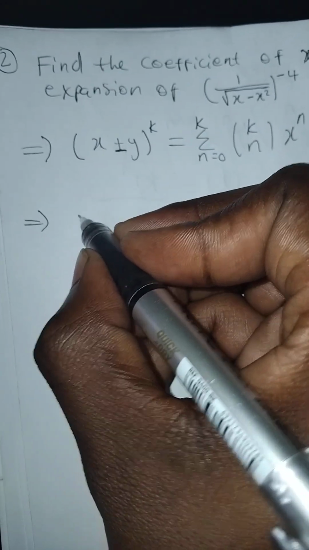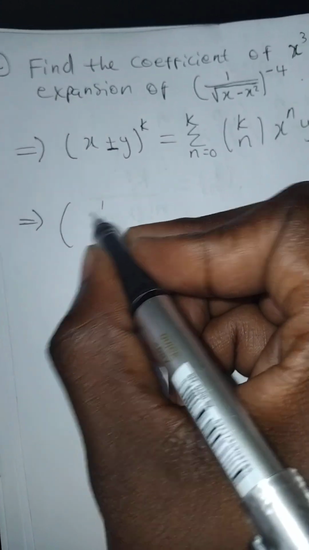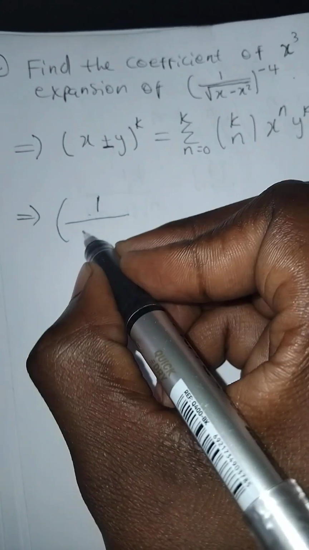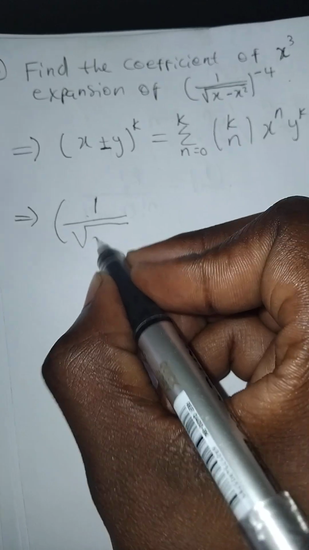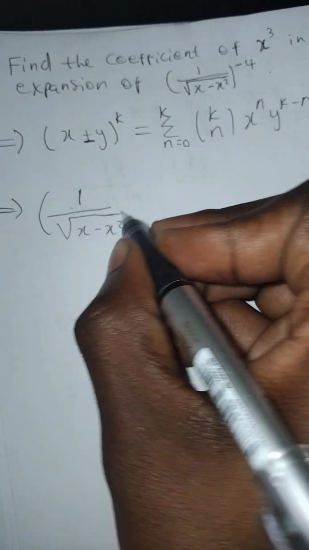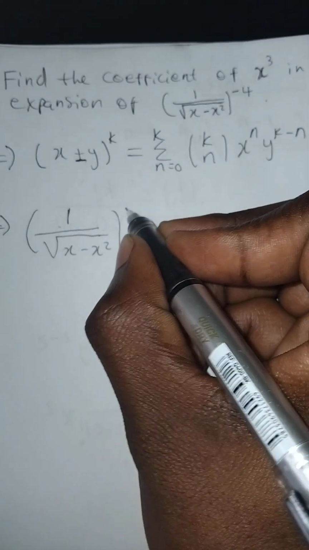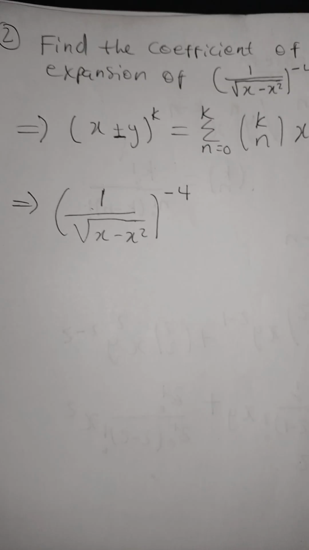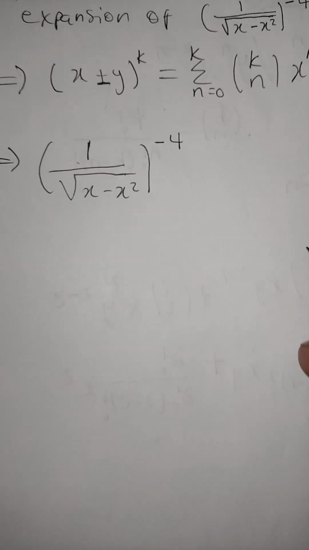We are given 1 all over the root of x minus x squared, to the power minus 4. Okay, so if that is the case, the first thing we can do is rewrite this.